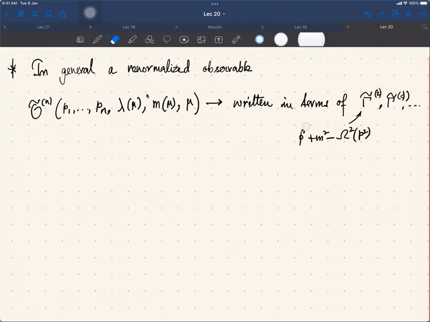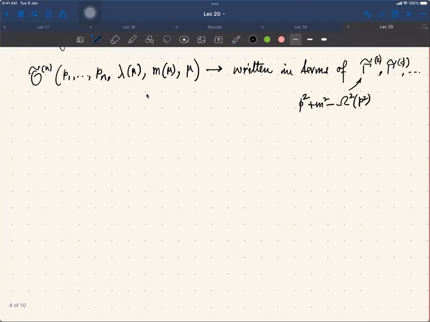And we have done the calculations of this. This omega square will have divergence, and you add counter term and renormalize it. So that omega square is finite. And all these higher order vertices, gamma tilde 6, gamma tilde 8, and so on, they have divergences only when this 2-point and 4-point vertices appear as subgraphs.